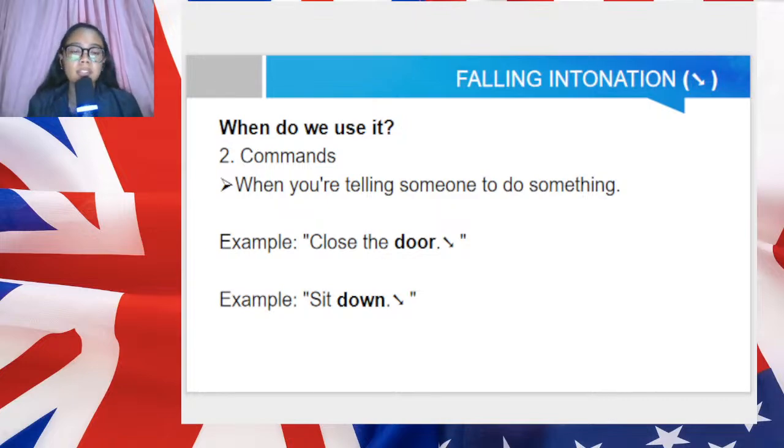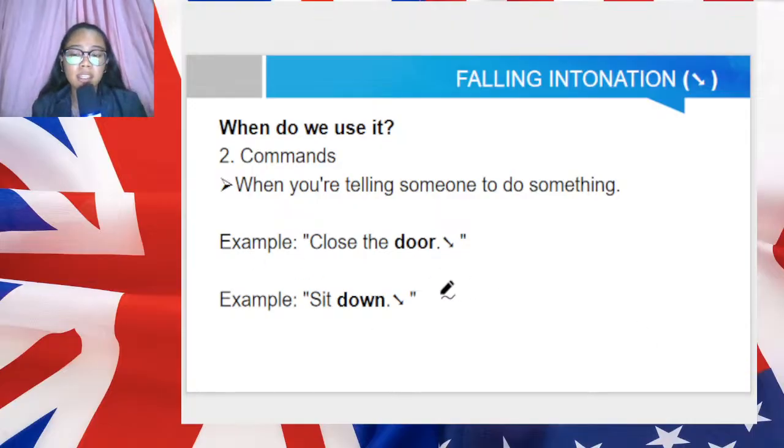This makes it a firm, clear instruction. It sounds like you fully expect the door to be closed. Because imagine if you said close the door with a rising intonation at the end, it would sound like a question, perhaps asking for permission or suggesting it rather than commanding it. So the falling tone leaves no doubt about your intention.